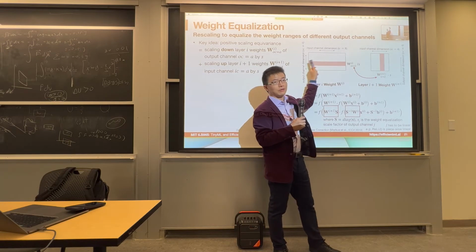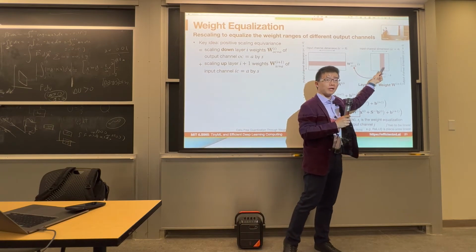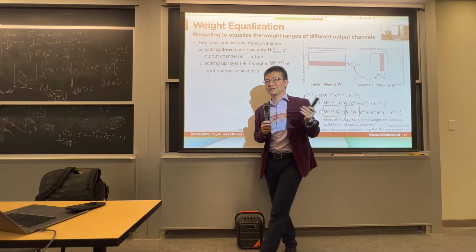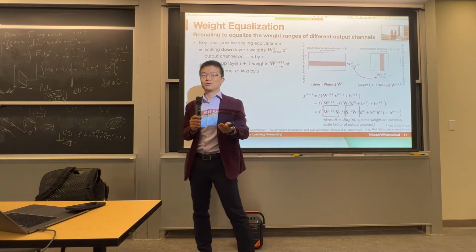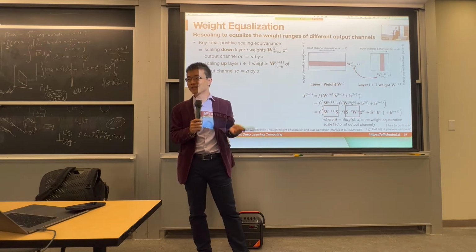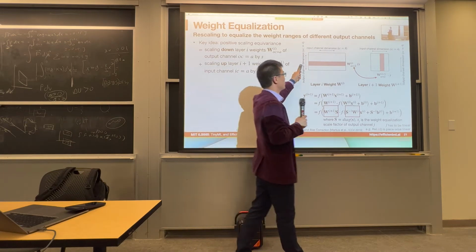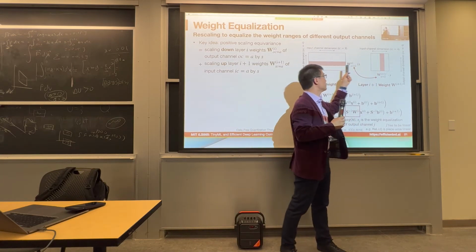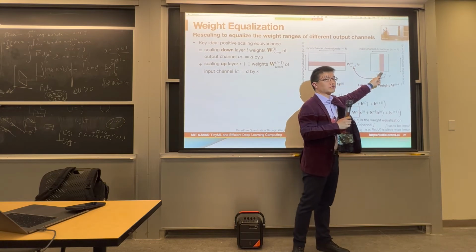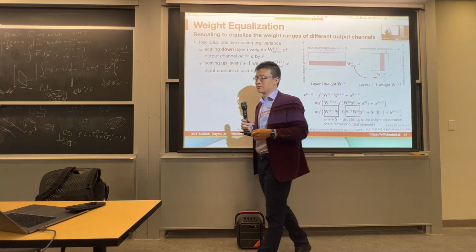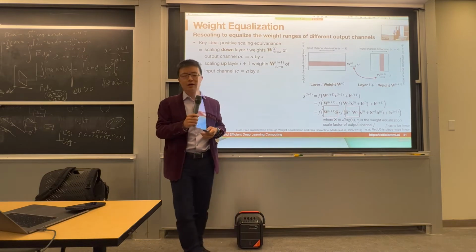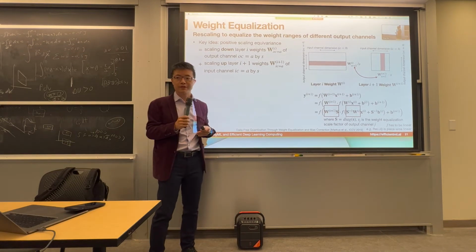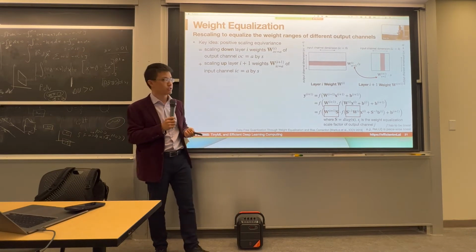If I divide this by 2 and multiply this by 2, if it's a linear layer, then what is the effect? It's the same. For matrix multiplication, if I divide this by alpha and multiply this by alpha, then the result is the same. So I can use this feature to try to equalize different channels.